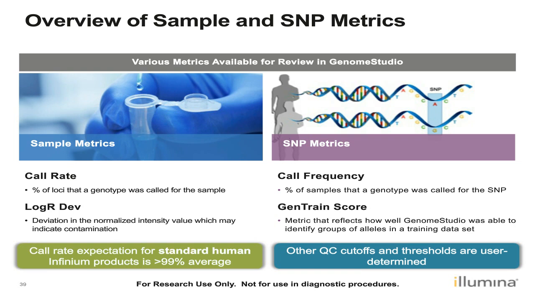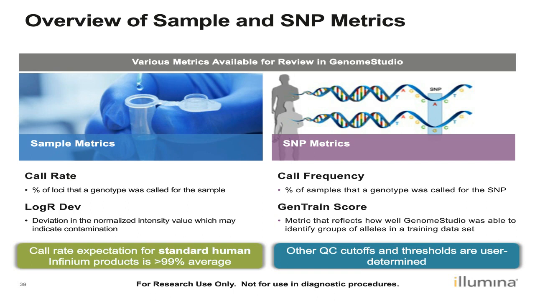It can be used to indicate contamination in the sample, and this metric is also used when performing CNV analysis. So for a standard Infinium product, the expected call rate is over 99% average.